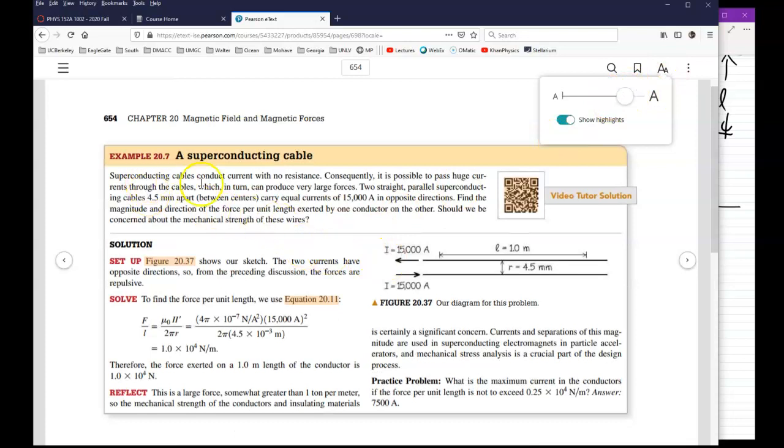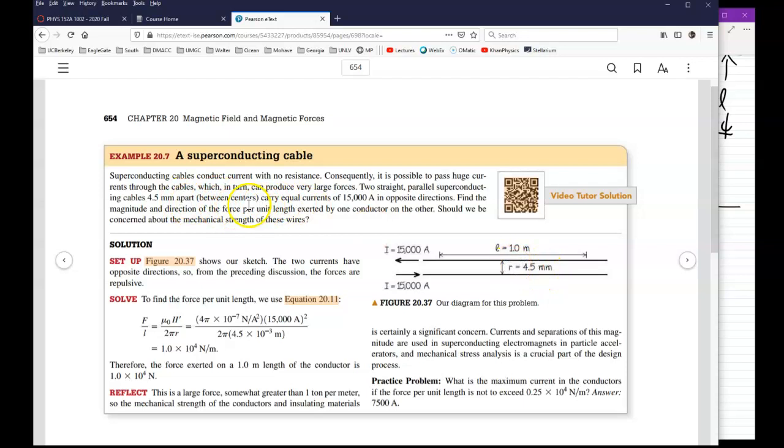It says two straight parallel superconducting cables 4.5 millimeters apart. Here's one cable and here's the other one. They both have the same length, and they're separated by 4.5 millimeters.